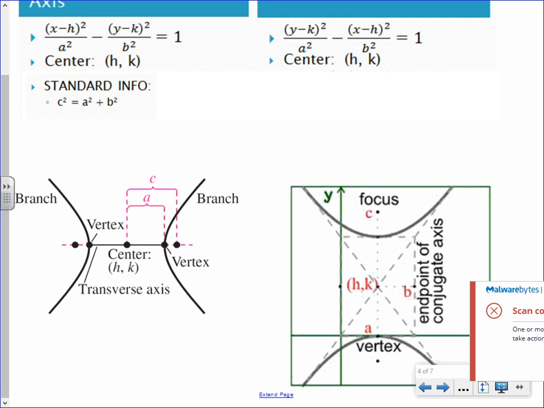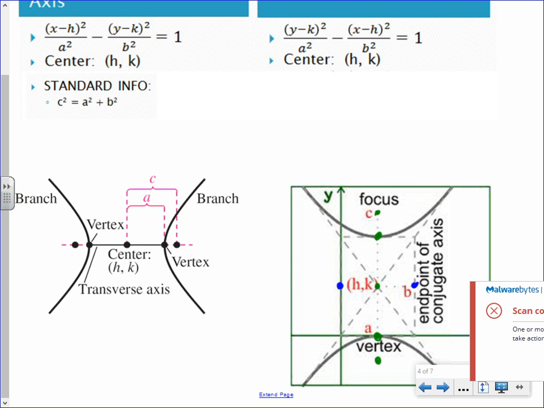So what we're going to do is, just hold on before you write anything down. From our center, obviously we'll go A away for our vertices, we'll go C away for our foci, but then we are going to go B away from the center.